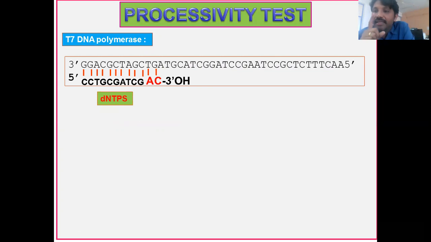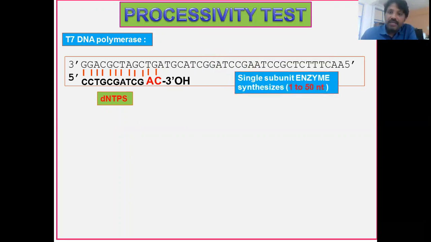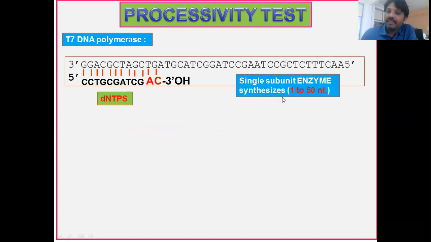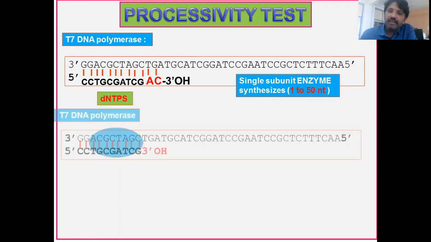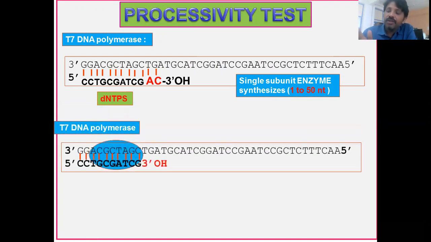So as a single subunit, it can add one or two nucleotides, a maximum of a dozen nucleotides. Then it will dissociate. See, a single subunit enzyme synthesizes a maximum of 1 to 50 nucleotides. Maximum is 50. When T7 DNA polymerase is associated with the thioredoxin, then its processivity is increased enormously.